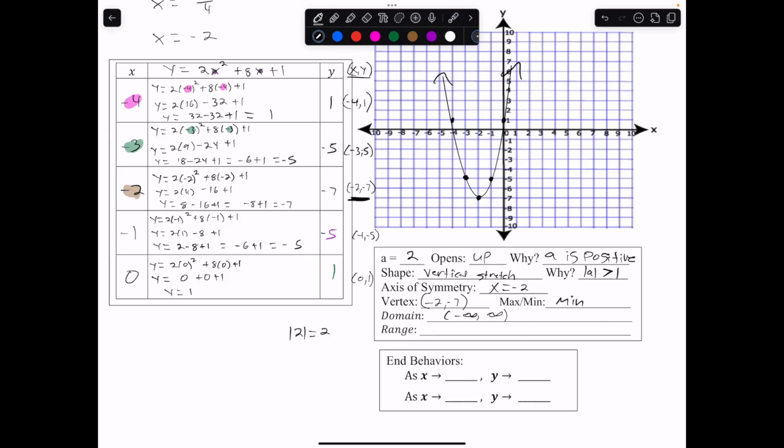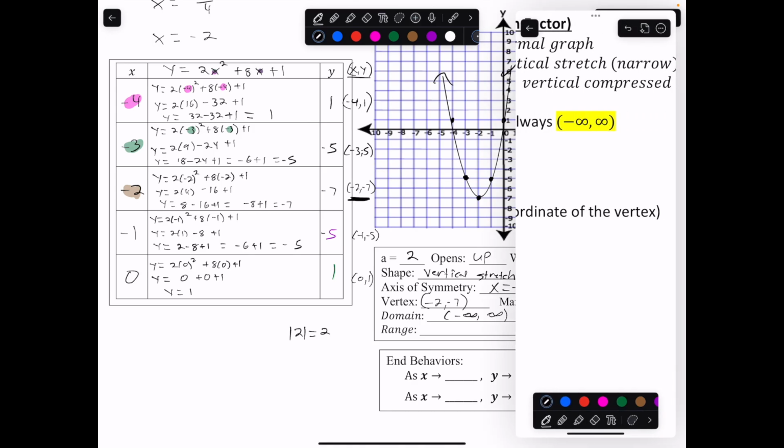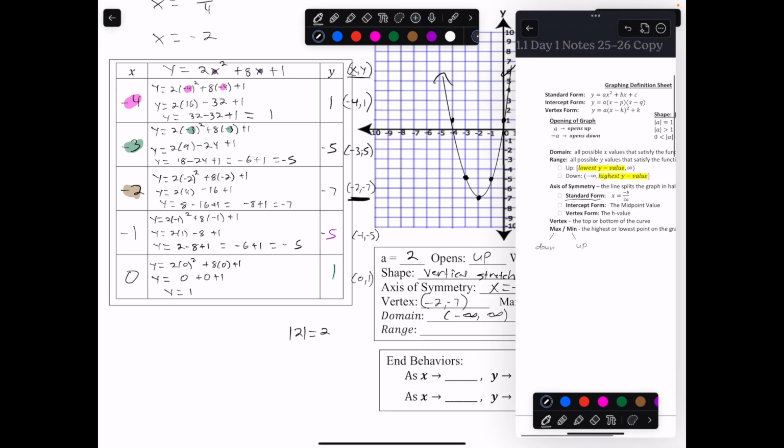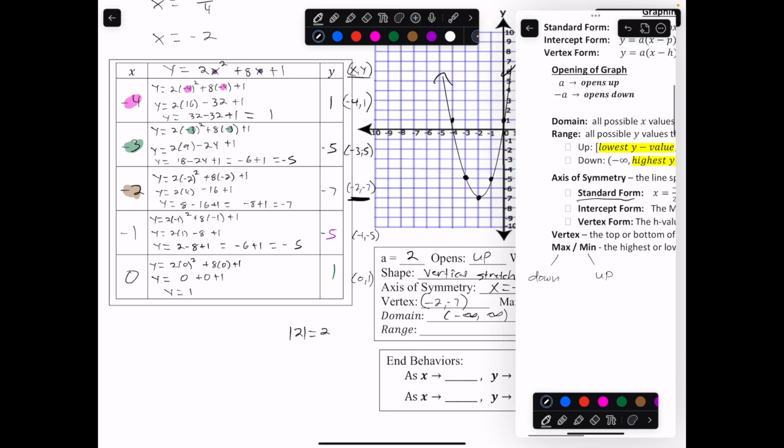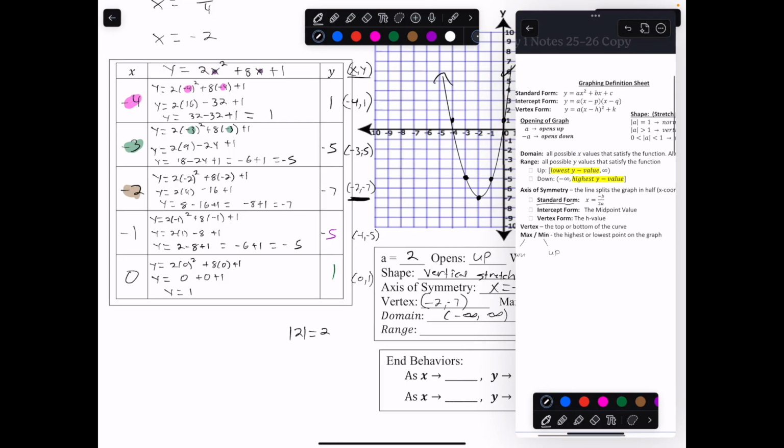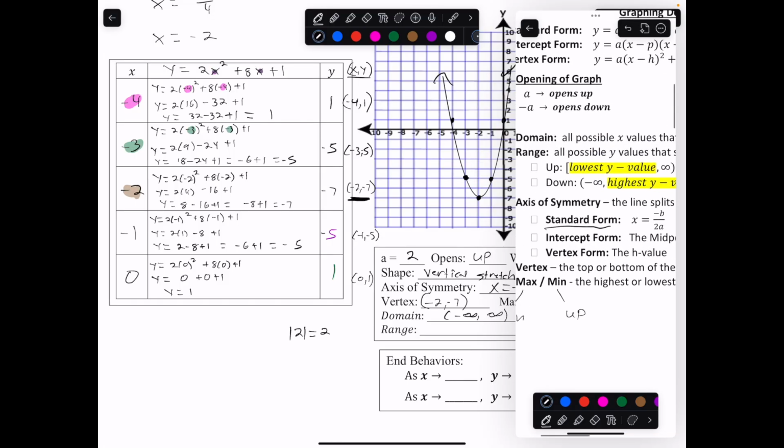Now the range, on the other hand, that is going to be a tricky one, okay? So let's reference our sheet here. The range, okay? It's all the possible y values that satisfy the function. Since our graph opens up, this is how we write our range.